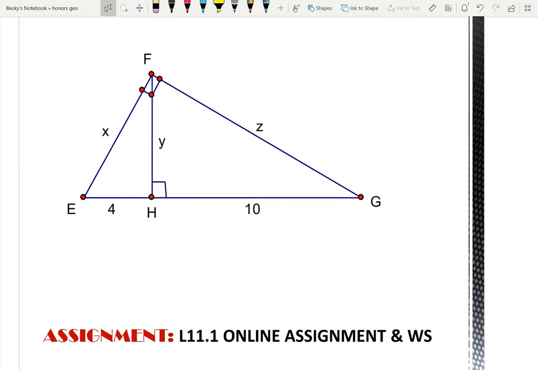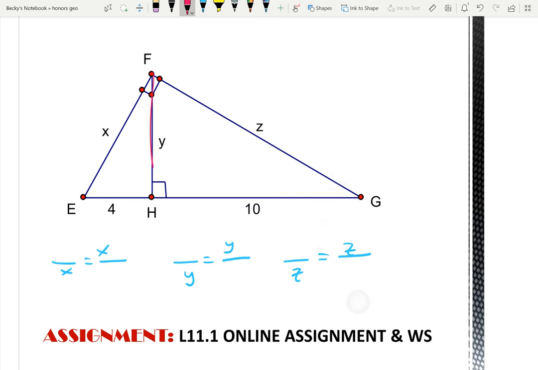All right, last question. And we don't even have to finish working it out. Just pause the video and see if you can set these up. We have x's, we have y's, and we have z's. All right, time to pause it and go. Okay.